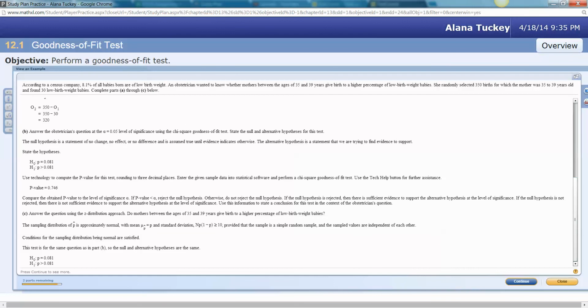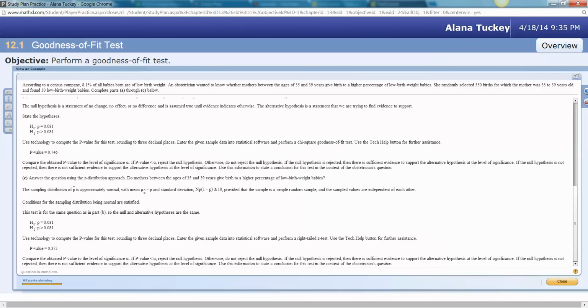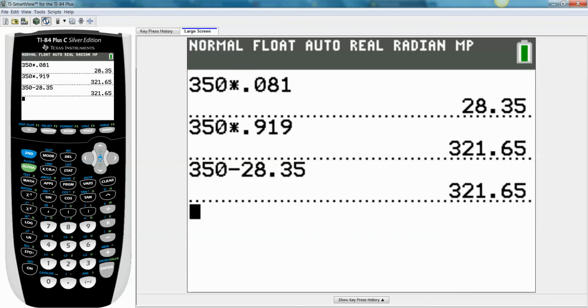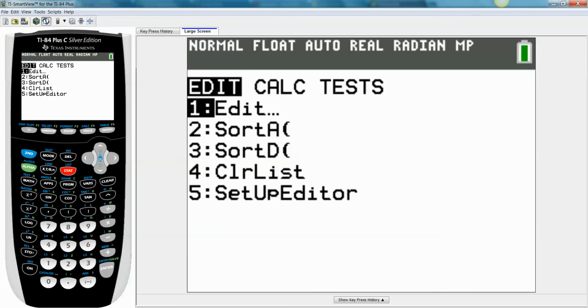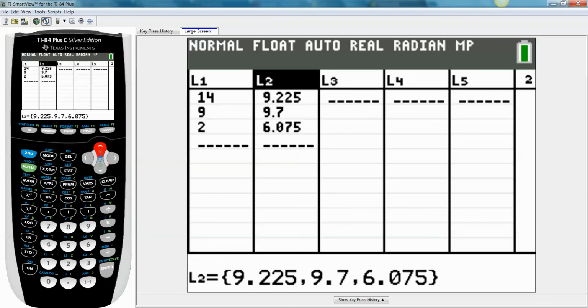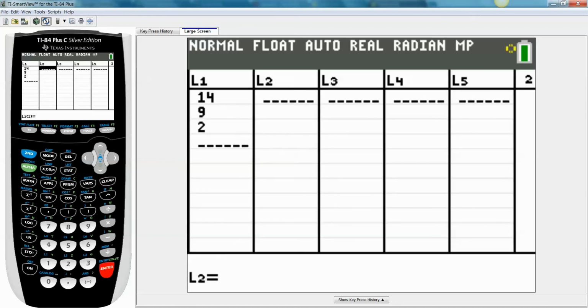All right, so that's that. We've run the tests, both of them, and that would give you p-value 0.373. Now, if you're on a calculator, to run the chi-square test, you'd have to edit, clear, over here, clear. And again, only TI-84s can do this. So you do 30 for this, and this is 350, take away 30. That's 320.